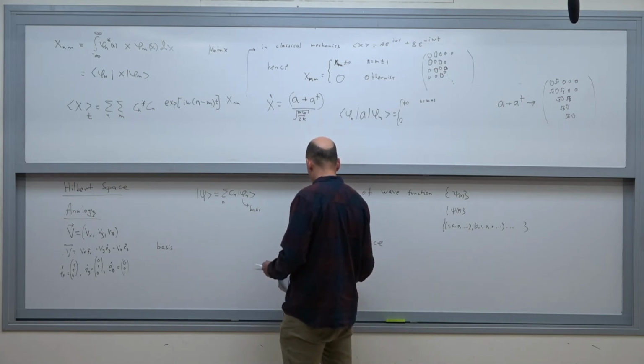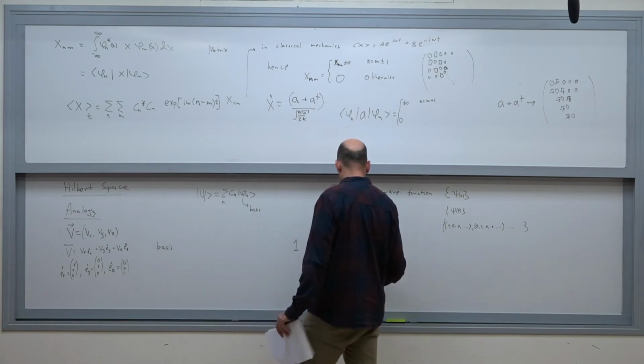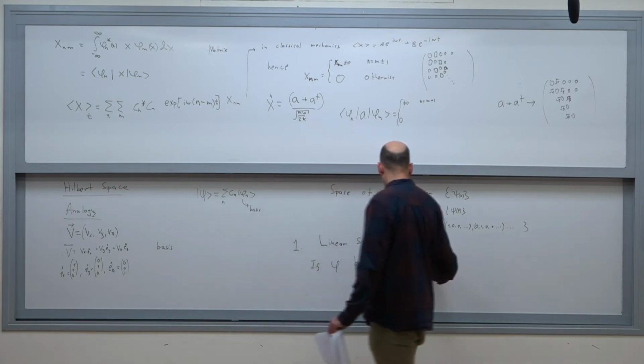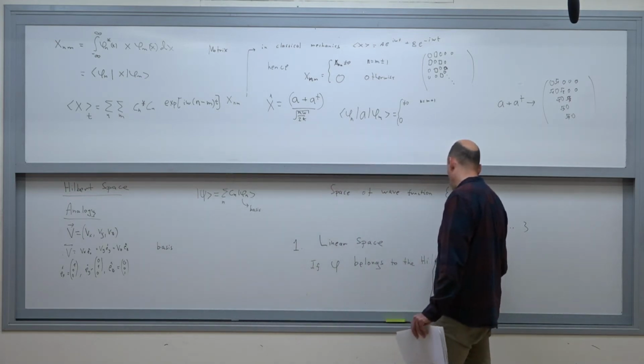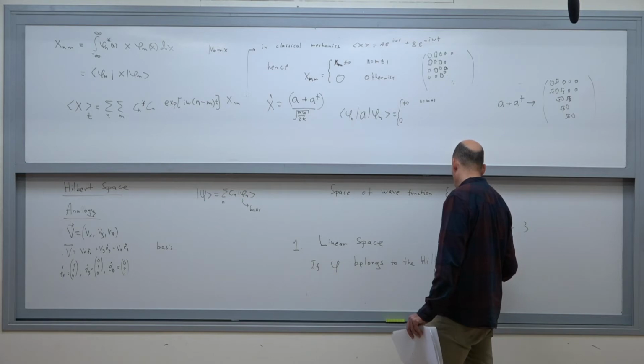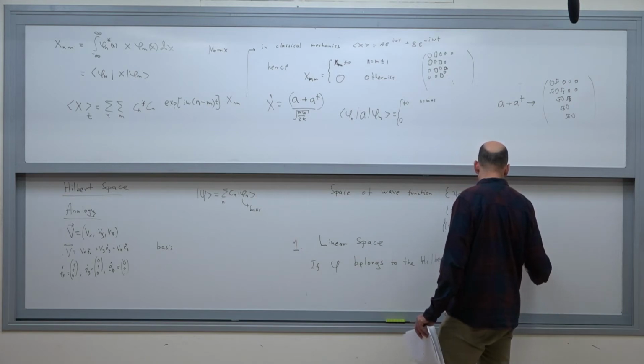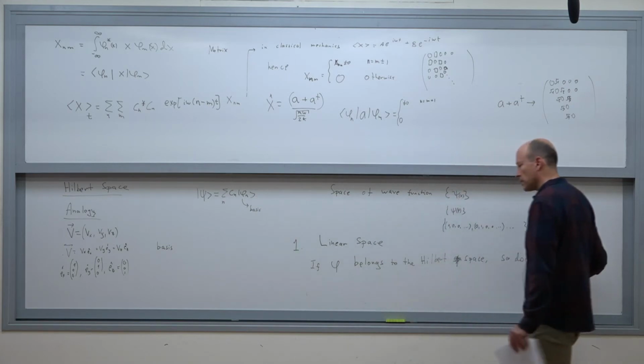If phi belongs to the space, so does A times phi, where A can be some number.